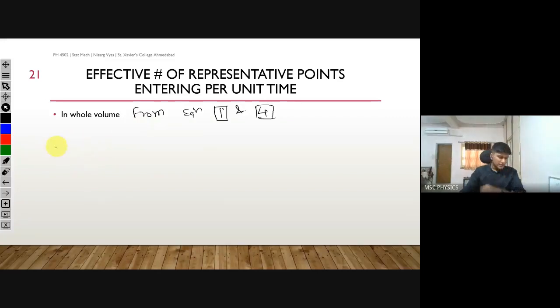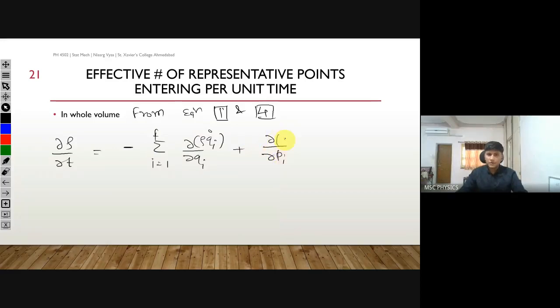What we can do is write del rho by del t equal to negative, sum over i equal to 1 to f, del by del qi of rho qi dot plus del by del pi of rho pi dot. This is all it is.